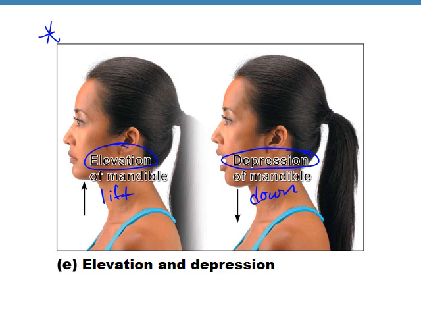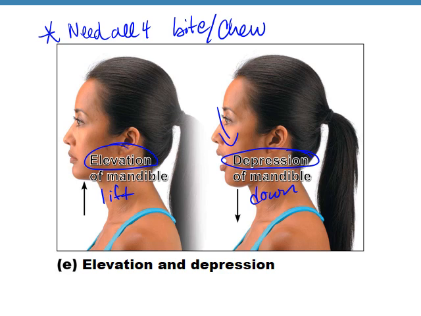What we should notice about these special movements of the mandible is that you need all four to bite and chew food. So think about taking a bite of an apple. You would have to, one, depress the mandible, then you would have to elevate the mandible to take the bite. So bite are these two, elevation and depression.